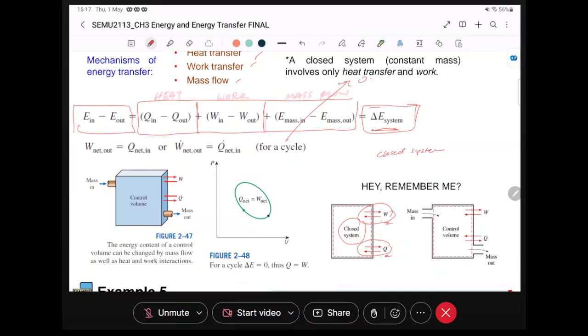So it's an energy balance only, really. If there is a mass exchange like this here, then of course not just the work, not just the heat, we also have to look at the imbalance between the mass in and mass out. So this is really the energy balance equation that is more concerning to us.